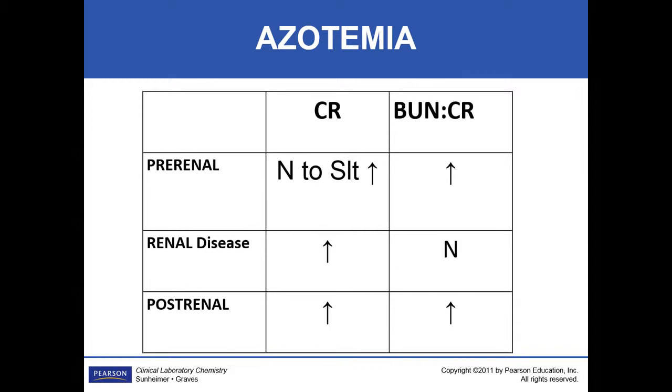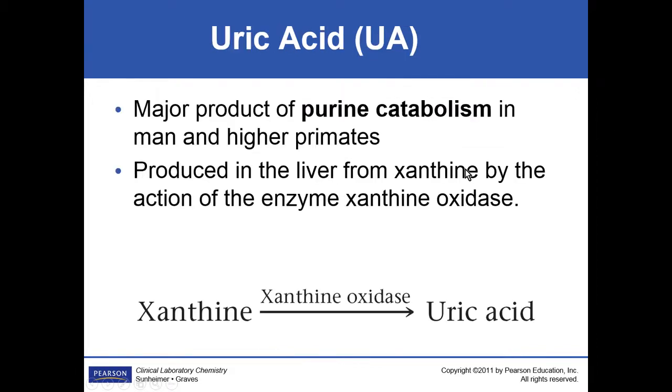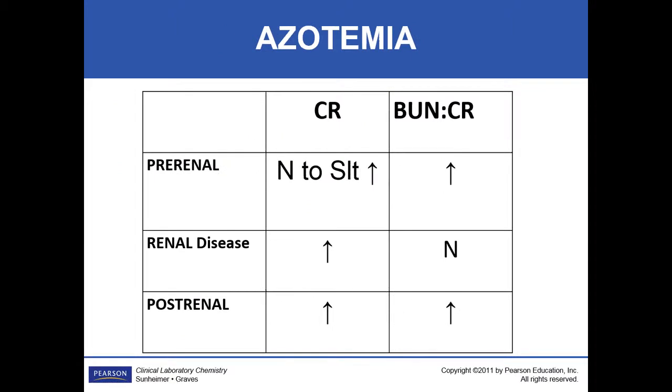Looking at the ratio over here, indicating the top one is higher, the BUN is elevated, and this one indicates they're both elevated proportionally, and over here, usually your creatinine is excessively high.